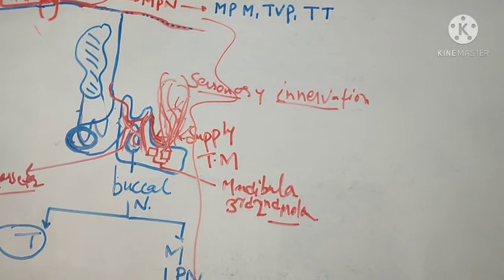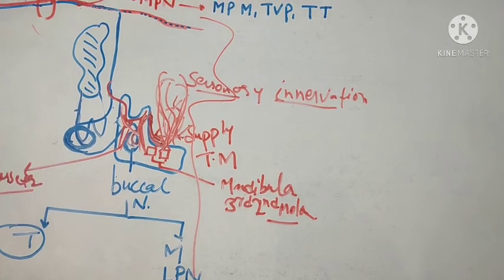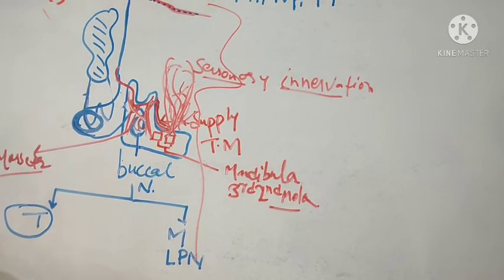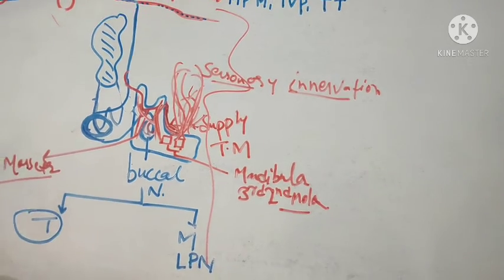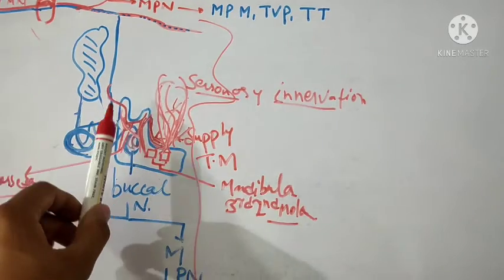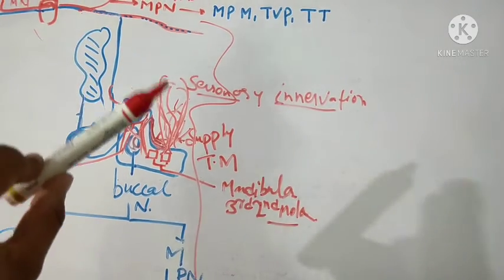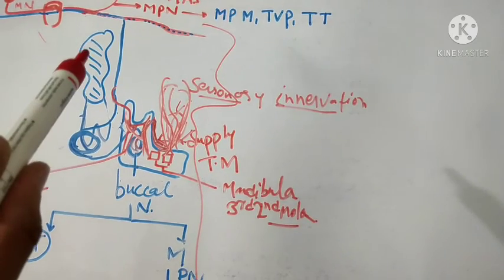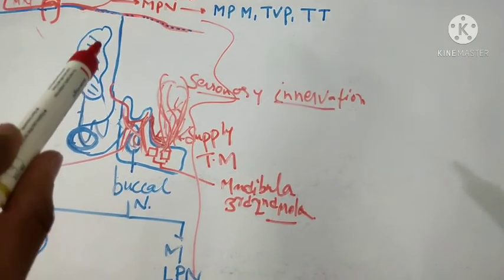The anterior and the posterior. The anterior division gives off sensory and motor innervation, and runs downward medial to the lateral pterygoid, entering between the two heads of the lateral pterygoid muscle.